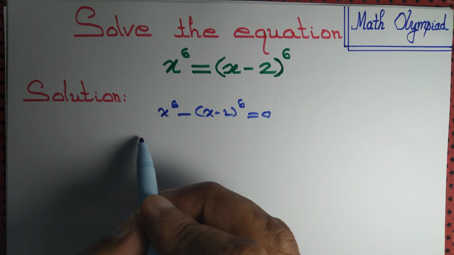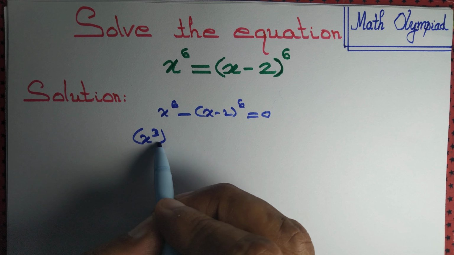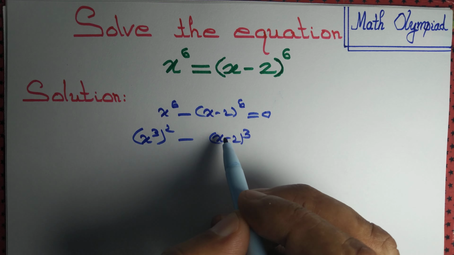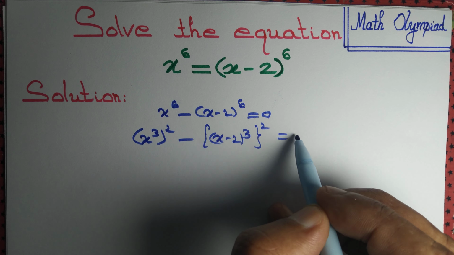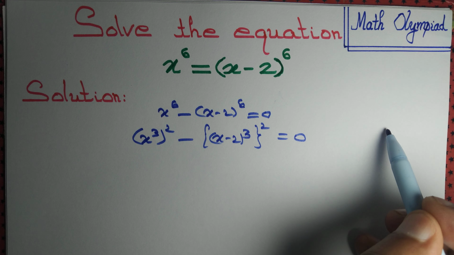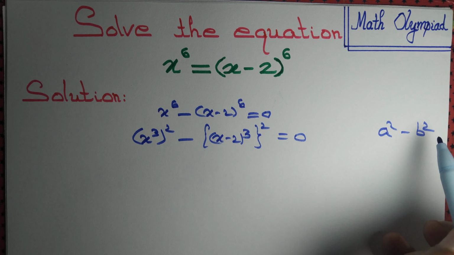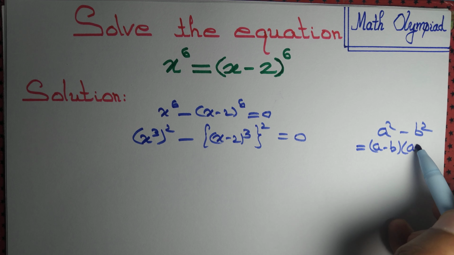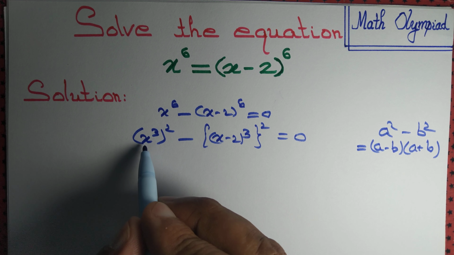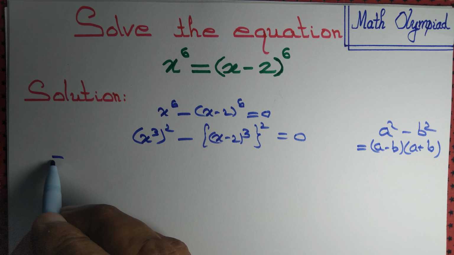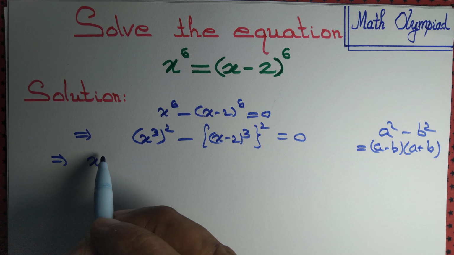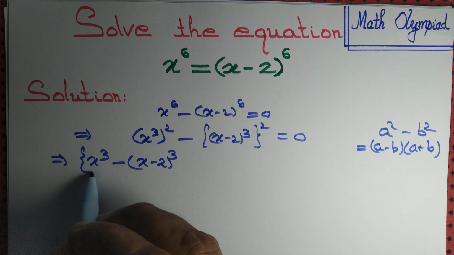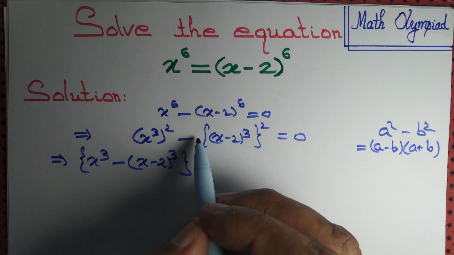See that x^6 can be written as (x cube) whole squared, and (x minus 2)^6 can be written as ((x minus 2) whole cube) whole squared. Now you get an expression of the type a square minus b square, and we know that a square minus b square equals (a minus b) into (a plus b).